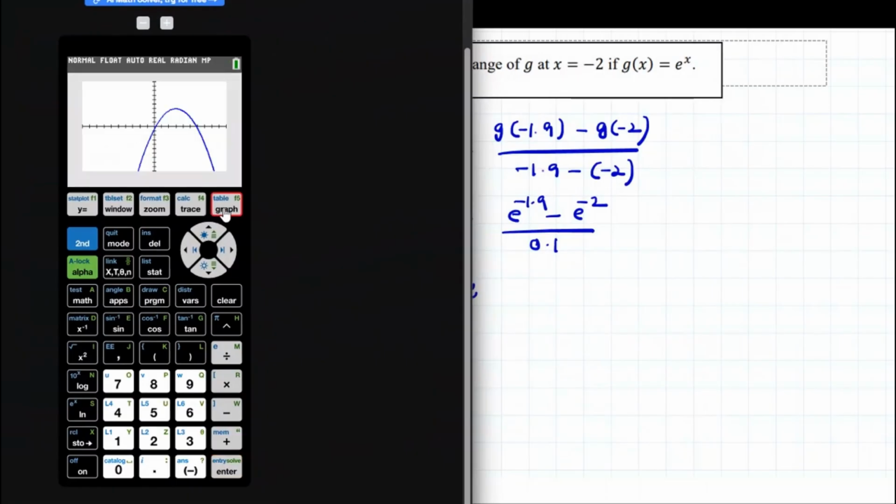So let's plug this in, clear this one. We have e to the x, second e to the x.